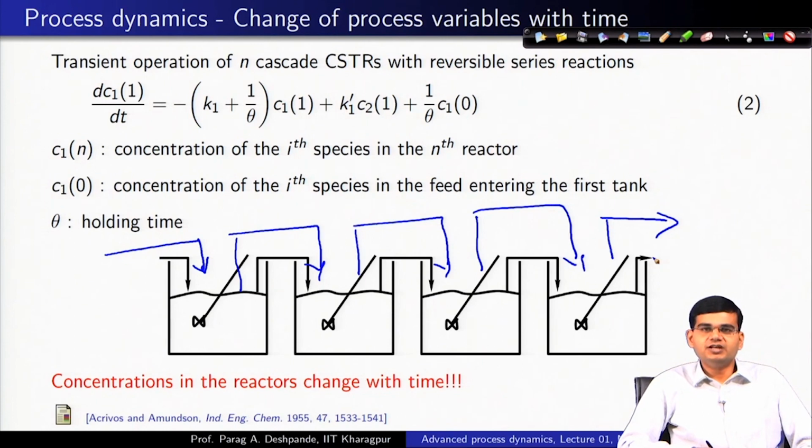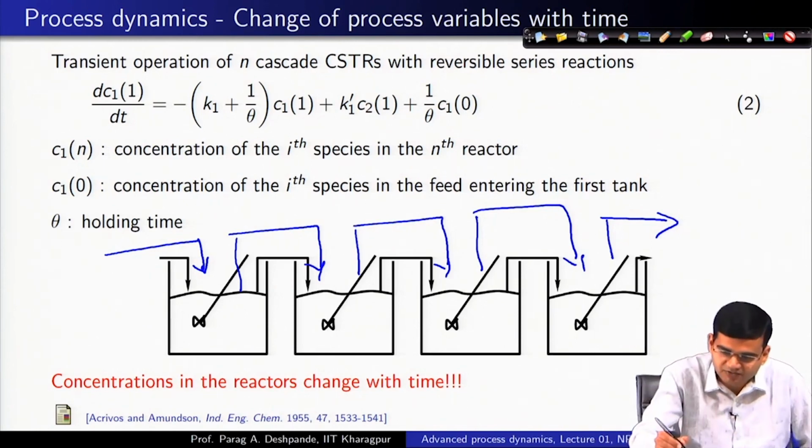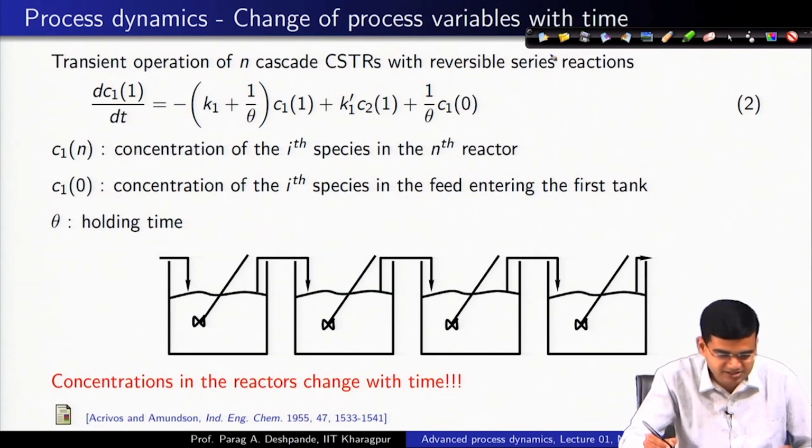So, therefore, we come across a lot of process engineering applications where the properties of or the variables associated with the system change, and the change happens in time, and dynamical systems or process dynamics is the study of such systems. So, let us define formally what is the meaning of dynamical systems.